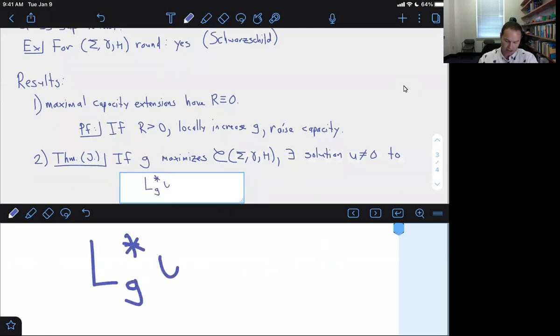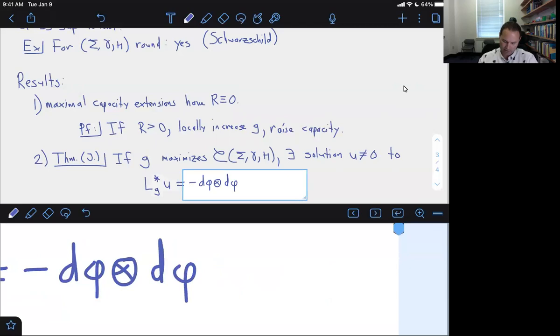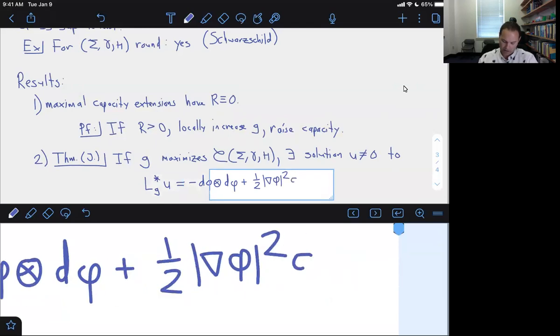It's L_g star u, so it still involves the formal adjoint of the linearized scalar curvature. And it's really like that equation, but it has this inhomogeneous term on the right-hand side. There's this term minus d phi tensor d phi plus a half |grad phi| squared times the metric. What's phi here?